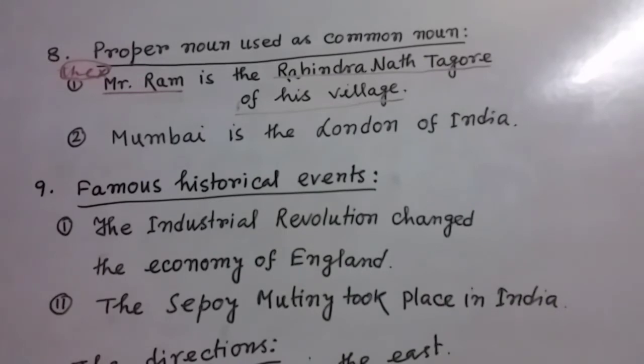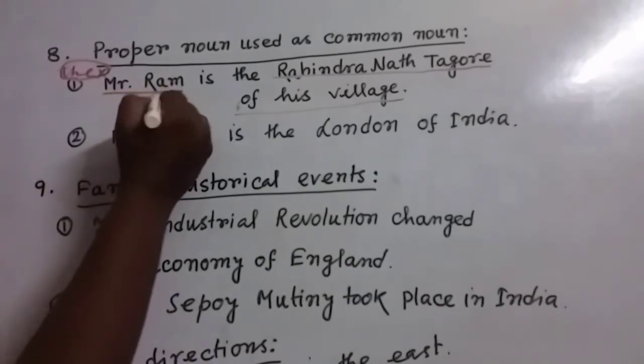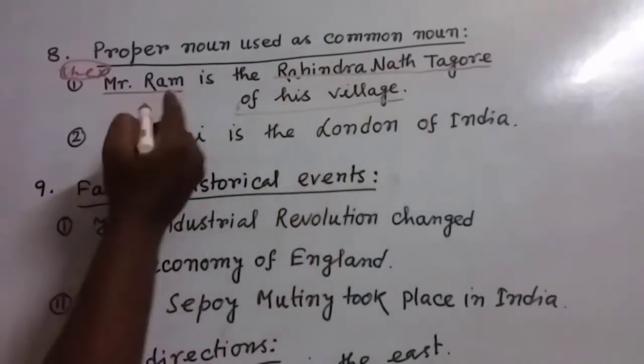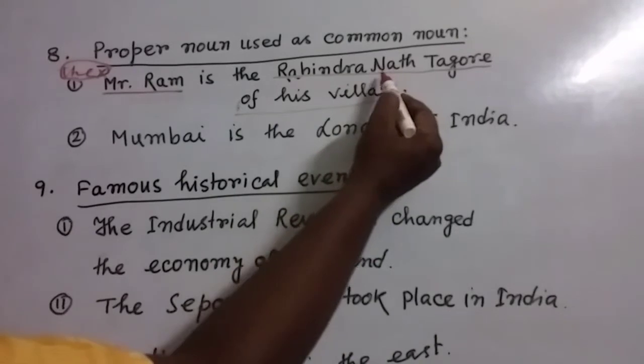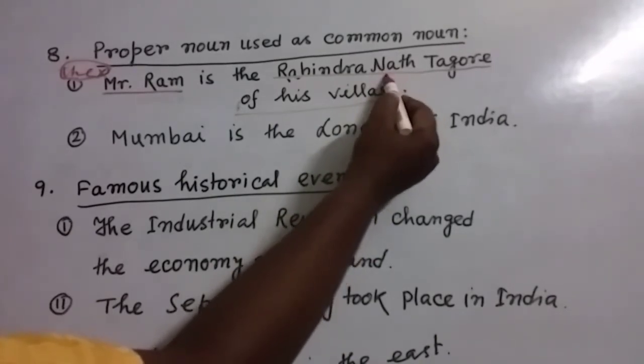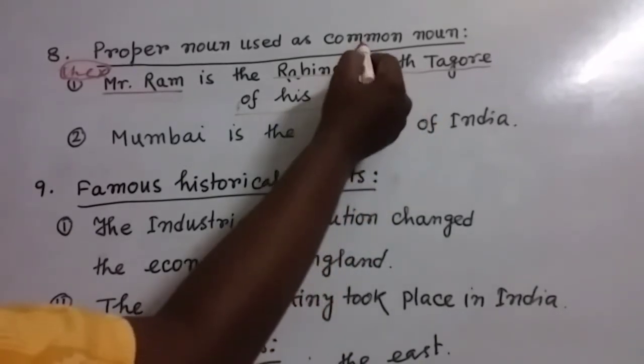Maybe the quality of Rabindranath Tagore and the quality of Mr. Ram is almost the same. In this situation, we can compare people. We can compare one person to one of the famous persons. That's why this proper noun is being used as a common noun.